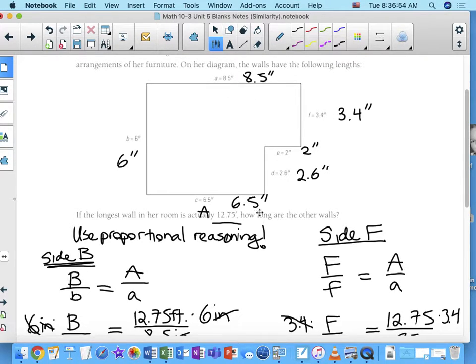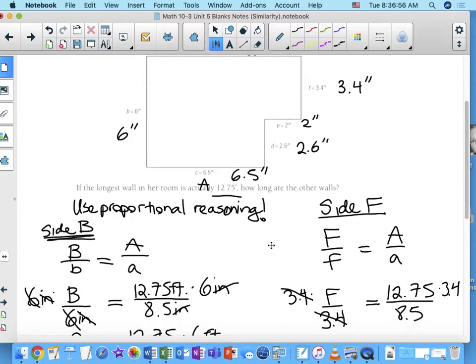And so we could use proportional reasoning. We could set up these proportional reasoning equations, right, where we have this fraction equal to a fraction where we know these proportions are equal to solve for missing side lengths. And so that's something that we did with similar figures yesterday.